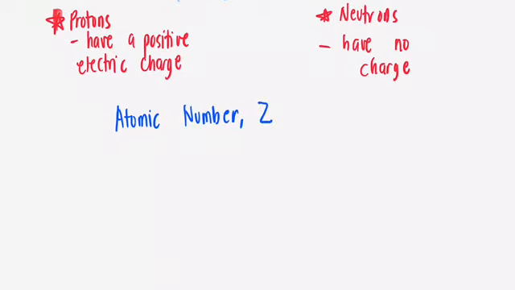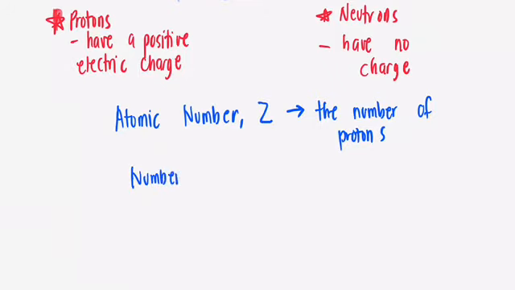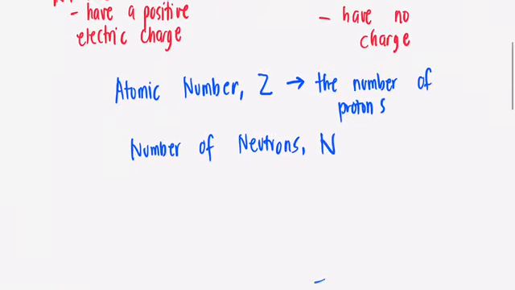Let's repeat: Z is the number of protons. We also have the number of neutrons in the nucleus, which is designated as N. So in the nuclear structure, we have the A, the Z, and the N.